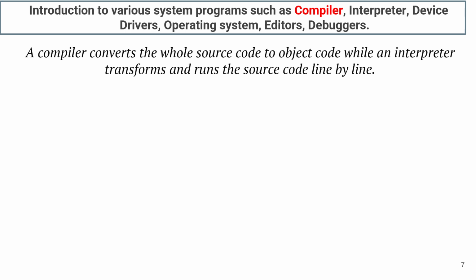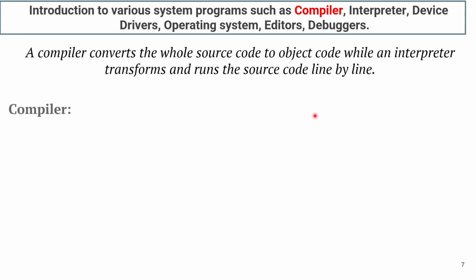This task has to be done again and again until the compilation is done successfully. Whereas an interpreter will immediately tell me whether I have made any mistake. So an interpreter basically transforms or converts every code into its object code line by line.